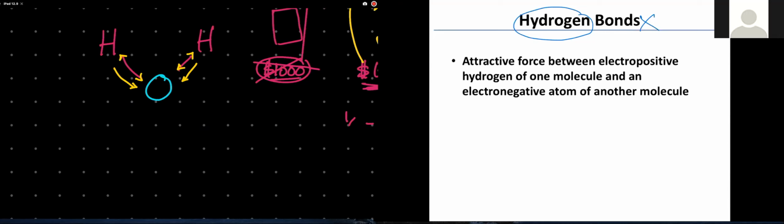So if I'm looking at a water molecule, the oxygen side is going to be more positively charged or more negatively charged. What do you think? If the electrons are going to be directed towards the oxygen for most of the time, would the oxygen side be more negative or more positive? What do you think?